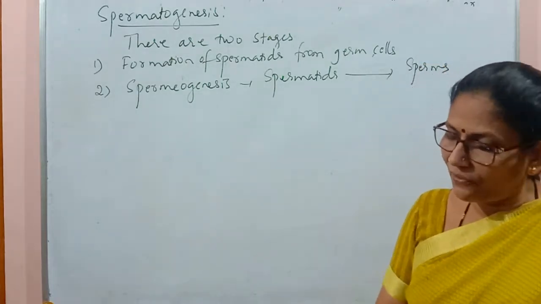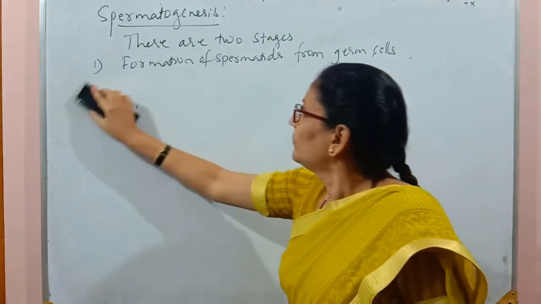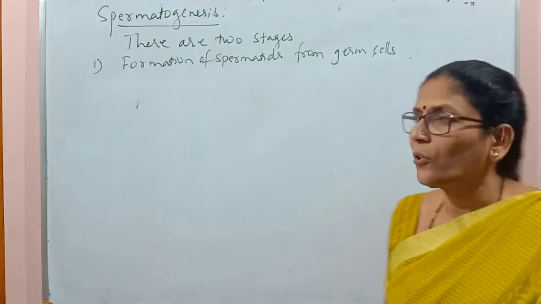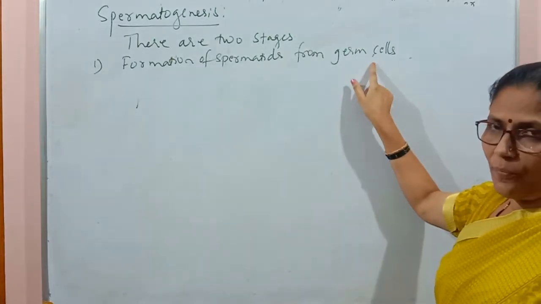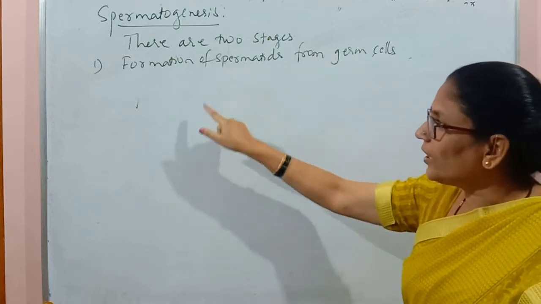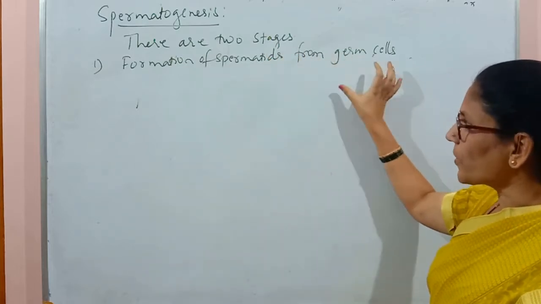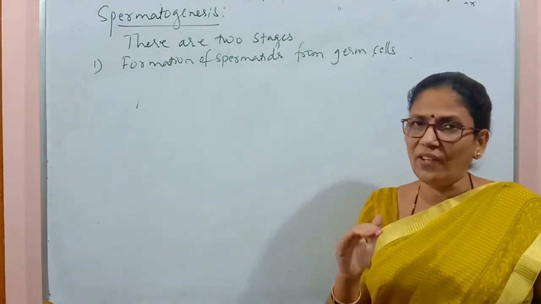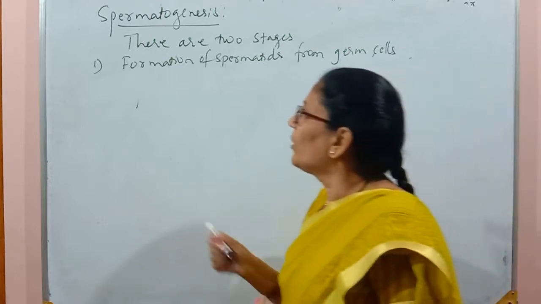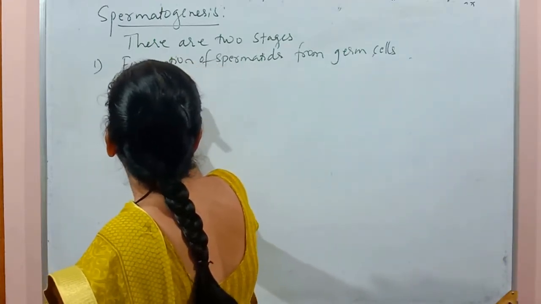Now let us discuss the first stage of spermatogenesis. The first stage, the formation of spermatids from the germ cells, is further divided into 3 stages. To complete this process, it requires 3 phases. The first one is the multiplication phase.